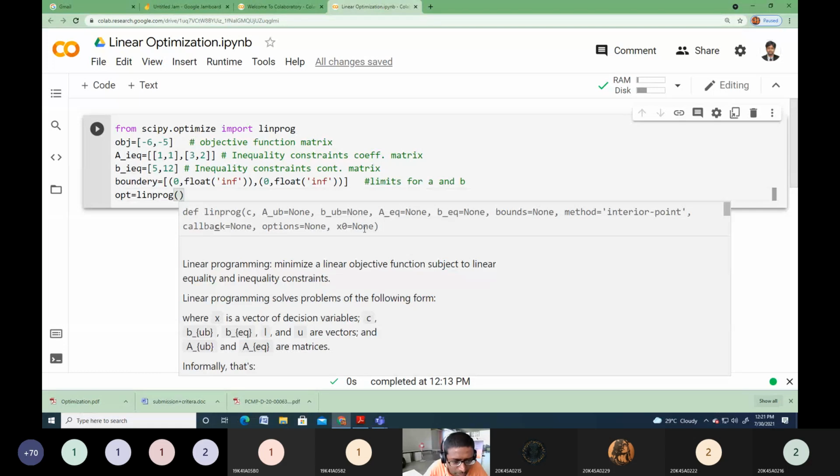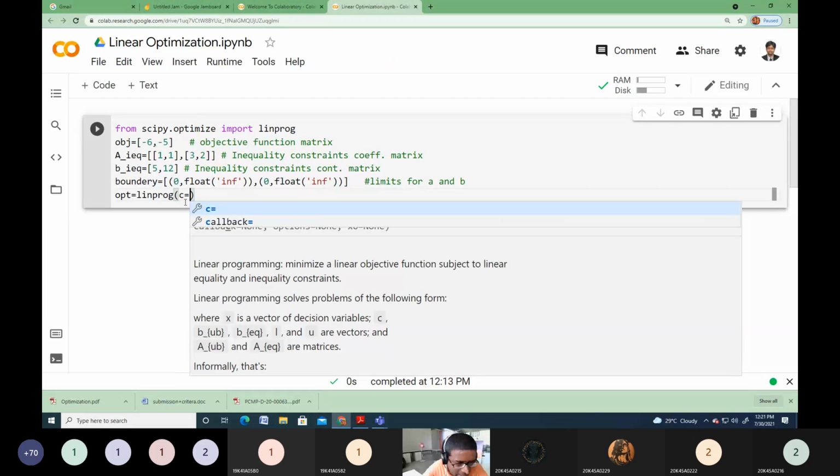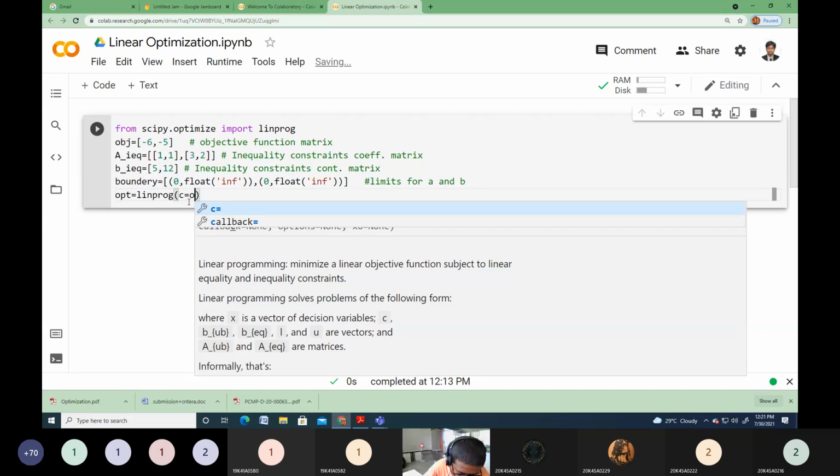Not all inputs are needed, but some are required. One is the objective function related information, and the constants related information is also required. First of all, the objective function information is the most important. That is C. C is a variable which expects the objective function matrix. So what is the objective function matrix for us? OBJ. So C equal to OBJ.